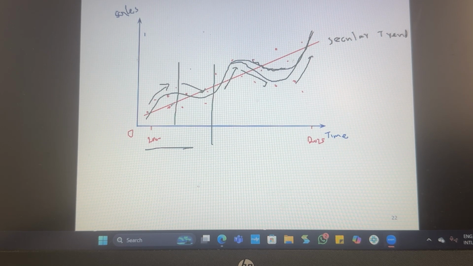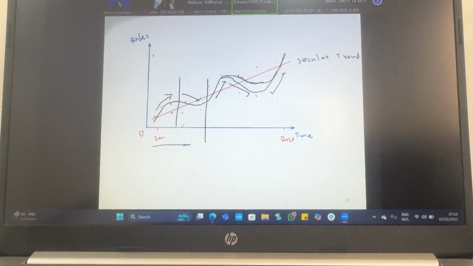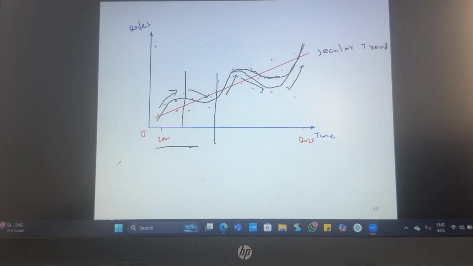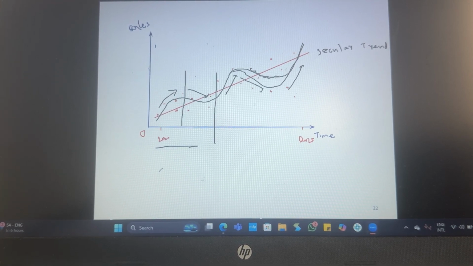So every 3-4 years, over this long period of time, we can see, for example, in the USA, the latter part of the 90s, and also starting from 2006, 7, 8, it affected the entire world, right?